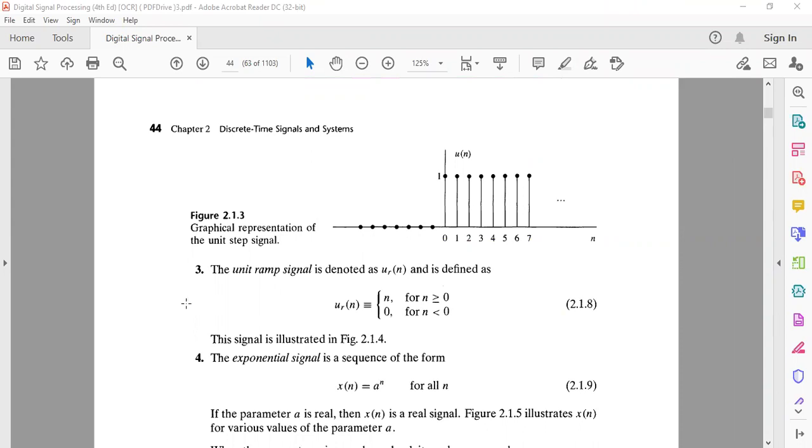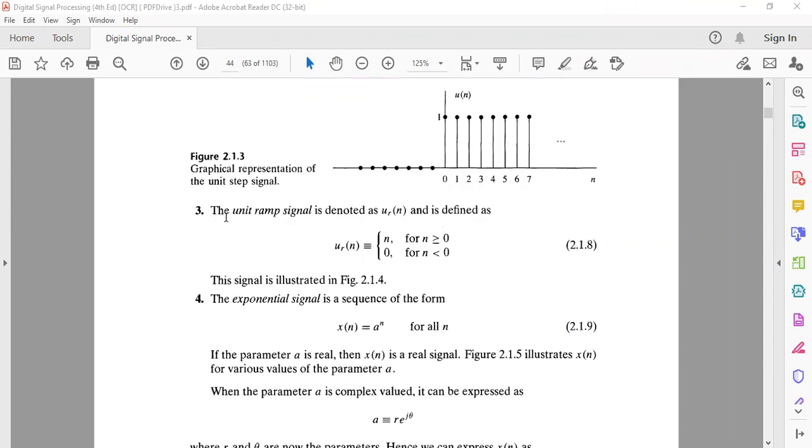Number 3, we have the unit ramp signal. We are talking about the common signals. This is the unit ramp signal denoted as ur(n), which is defined as n for n greater or equal to 0 and 0 elsewhere.